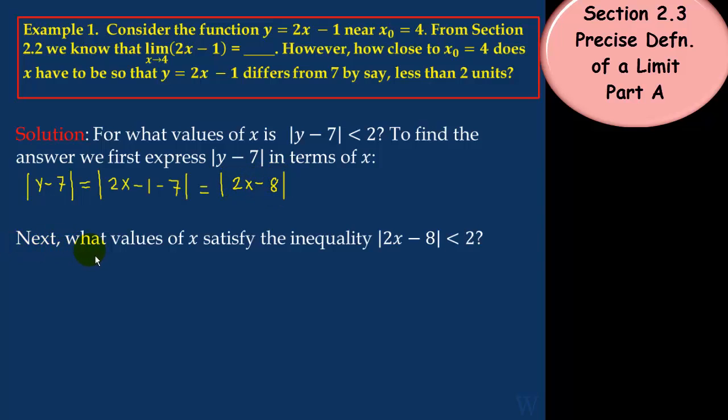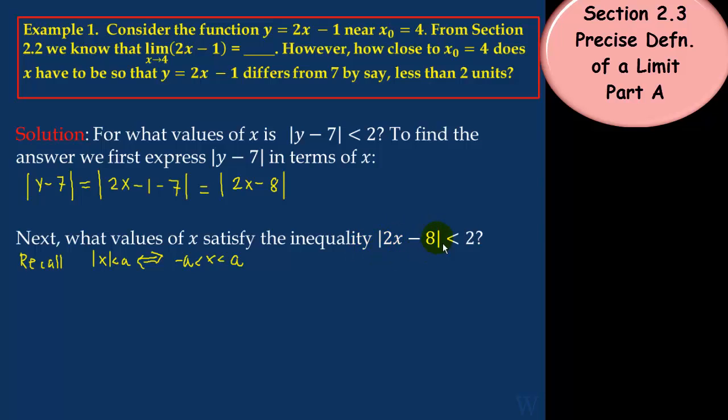The next thing is for what values of x satisfy this inequality. We already have gotten that part, and we just expand this inequality. Now recall from algebra that if the absolute value of x is less than a, this is equivalent to x between minus a and a.